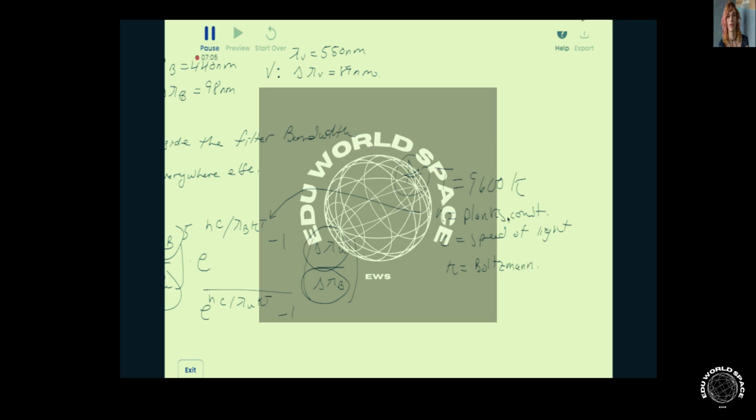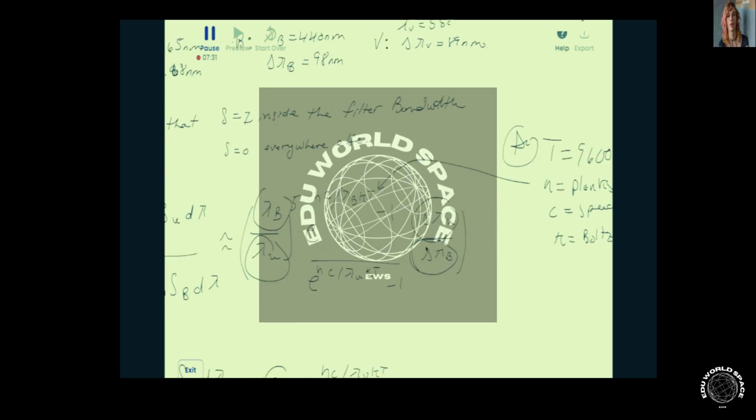So these are just very long values. h is like 6.626 times 10 to the negative 34. c is 3.0 times 10 to the 8th. And then k is like 1.38 times 10 to the negative 20-something. All that you have to do is plug these values into your calculator. You just look them up either through your book or on Google.